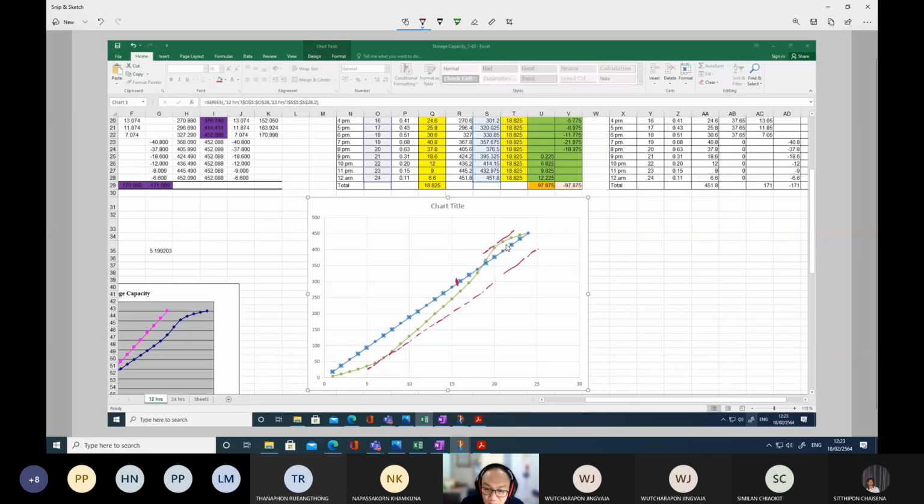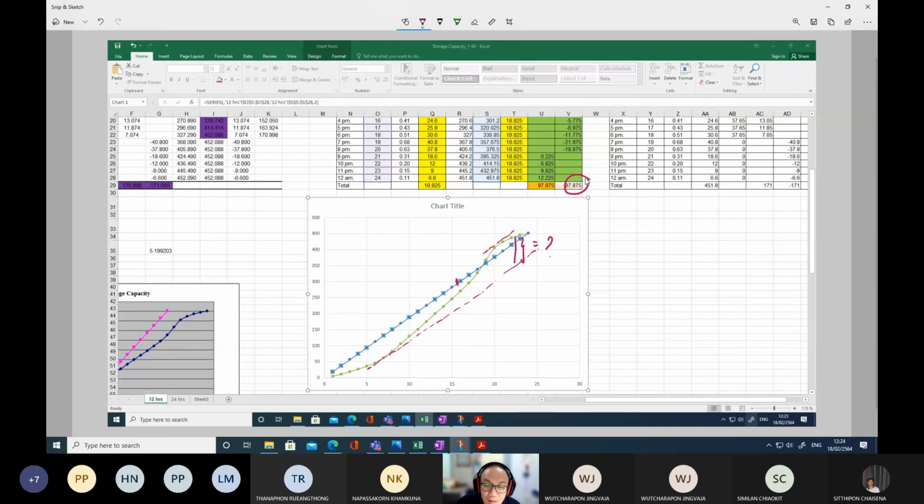The storage volume should be equivalent to the maximum vertical distance between these two tangents.